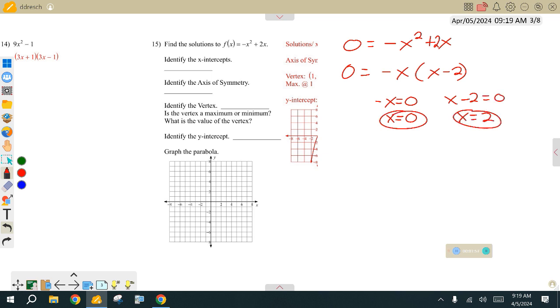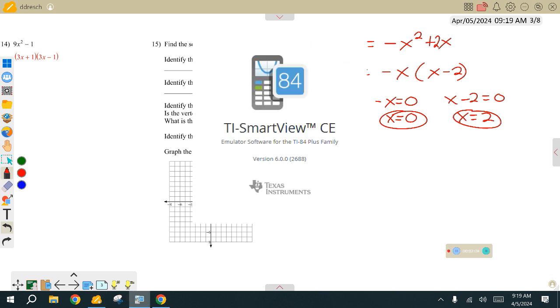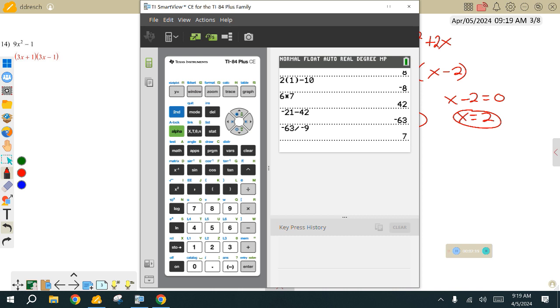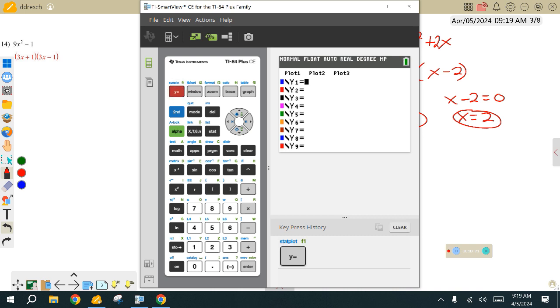Now, from this point on, I got my x-intercepts, and then I can confirm that also with my graphing calculator. The thing about this is that negative lead coefficient: when I go to graph this, I'm expecting this parabola to be opening what? Down. The lead coefficient, as we said, does a lot for us.